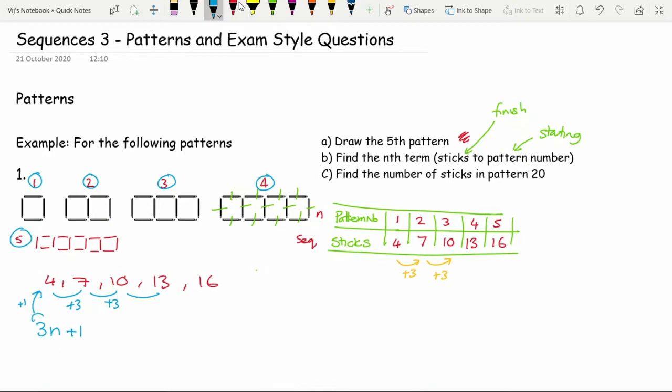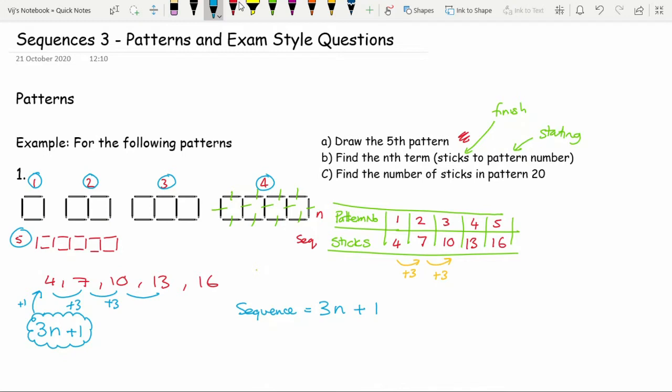So our nth term formula is 3n plus 1. Because this relates to a pattern, here I've got that the value of the term in the sequence is 3n plus 1. In this we're not talking about numbers in a sequence, we're talking about patterns.